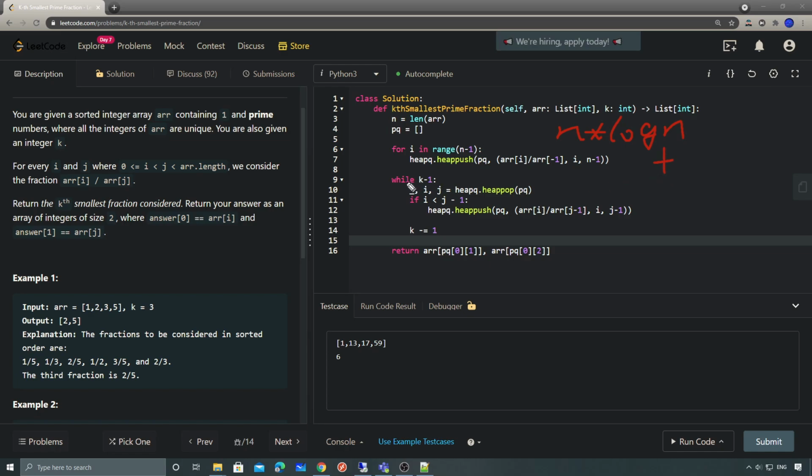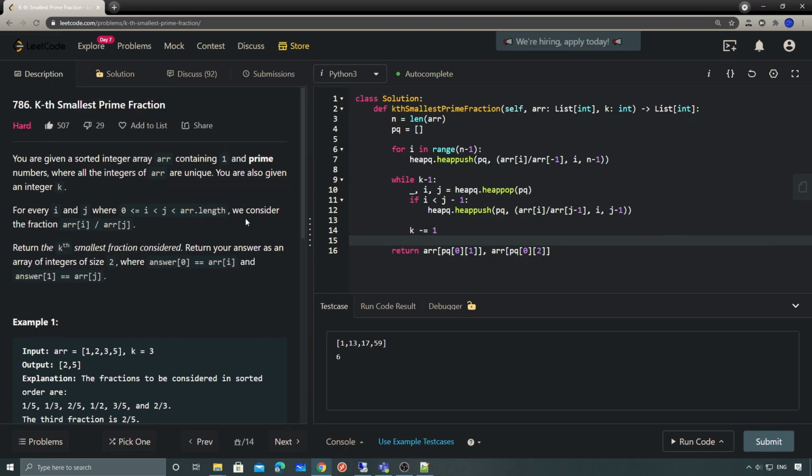The second one is k, so we have k times log n. So the total time complexity will be n plus k times log n. That's going to be the total time complexity for the priority queue solution.